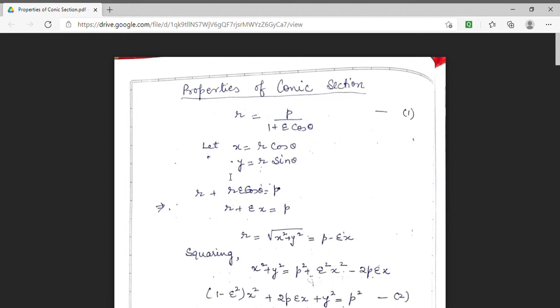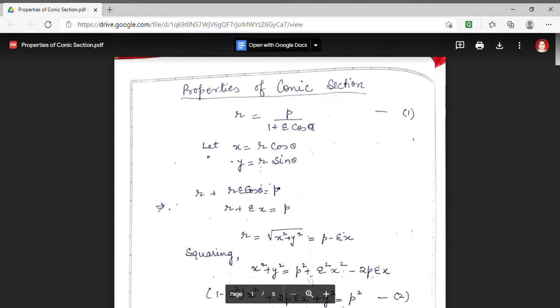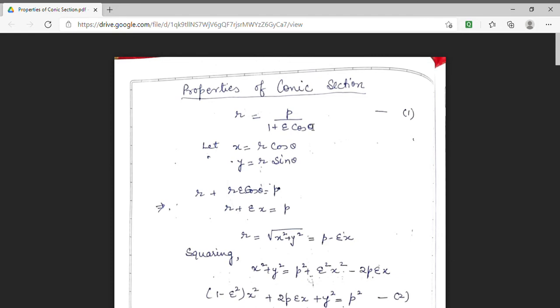The equation of conic section is r equal to p upon 1 plus epsilon cos theta. Here the factor p is L square upon mk, and epsilon is another constant. Now from this Kepler's first law, we are going to derive the properties of conic section.